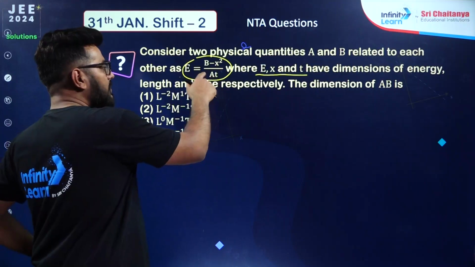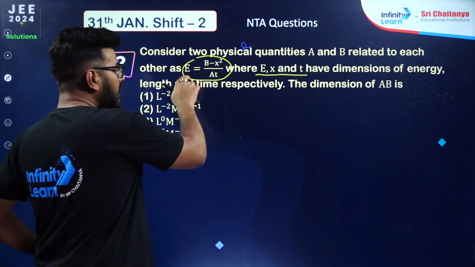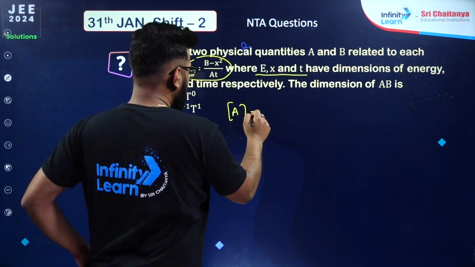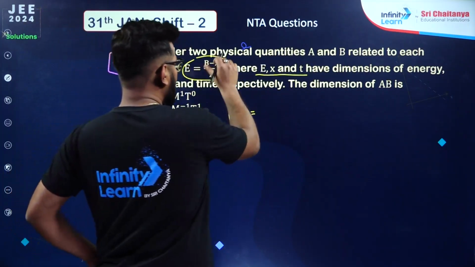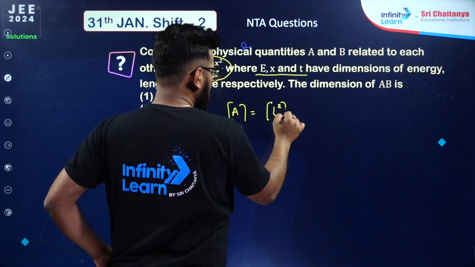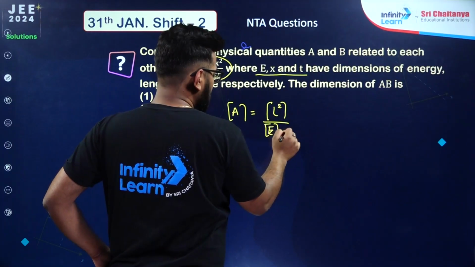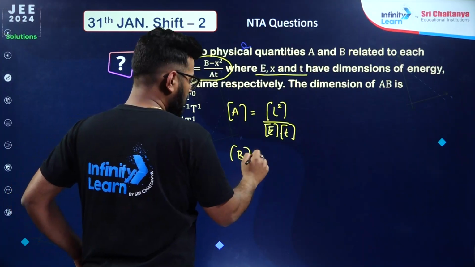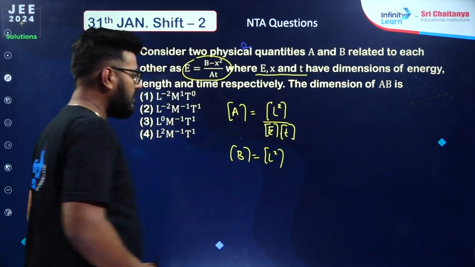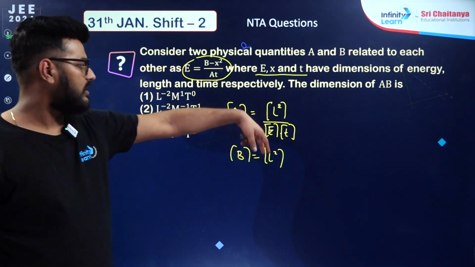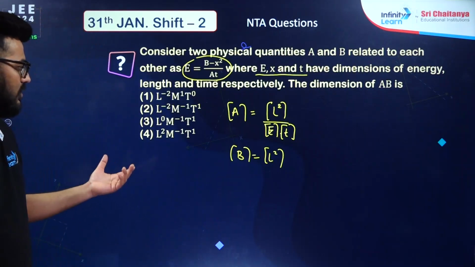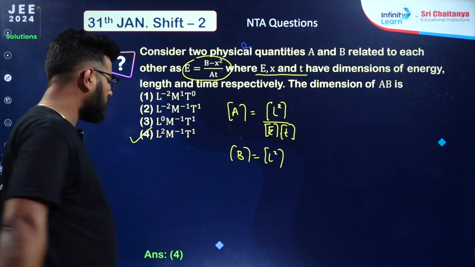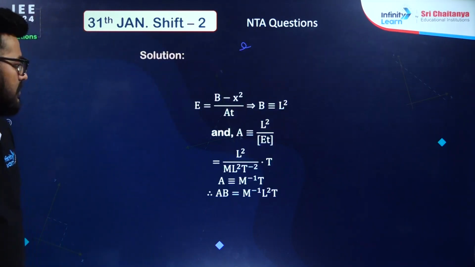The dimension of A will be equal to E into T upon x squared, so L squared divided by energy into time. This is going to be the dimension of A, and B obviously will be L squared. Based on that, you can very easily find out the result for A into B, and through that you can find the answer. I don't think there is much to do in this. Option number 4 is going to be the correct answer. This is the entire expression over here.